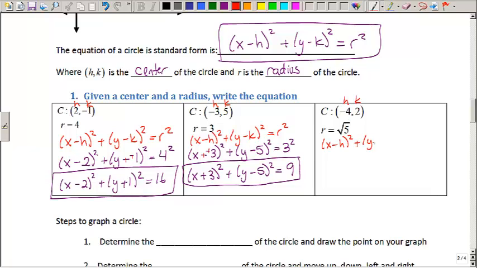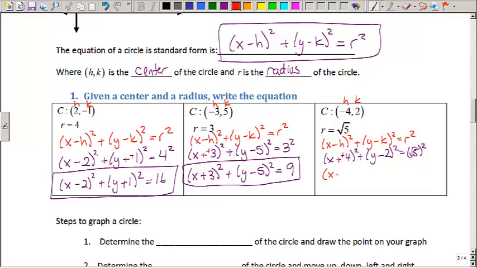We still take our information and substitute it into the standard form of the equation. X minus -4. Minus because there's a minus from the formula, negative because there's a negative on the 4. Squared plus y minus k, but k is 2, squared, equals r, which is the square root of 5, squared.